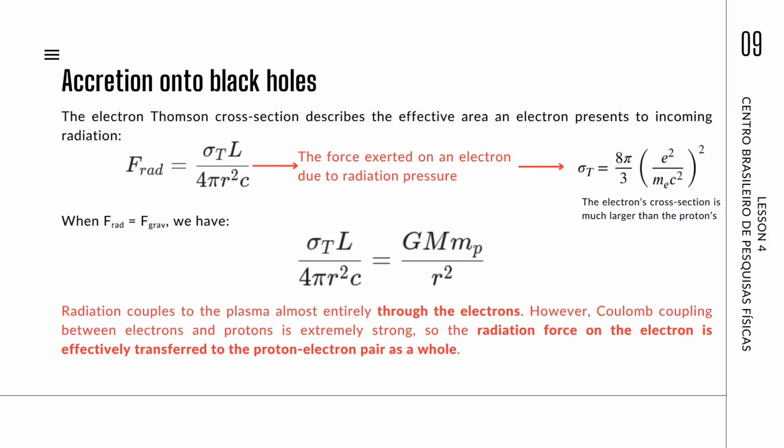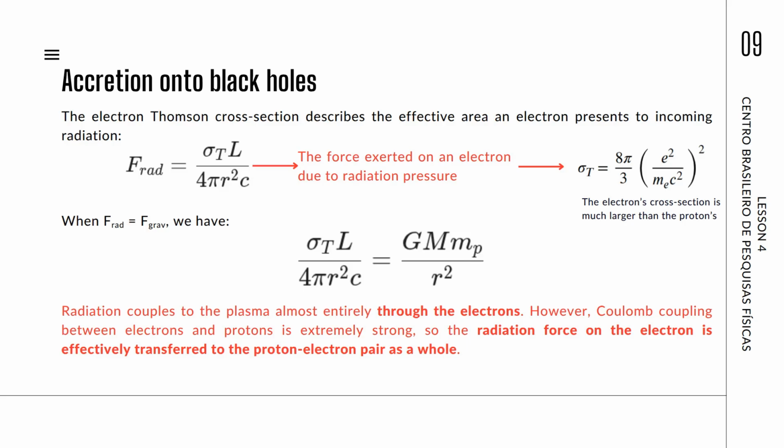If I push only the electrons, yes, the electrons go, but then there is a Coulomb potential between the electrons and the ions, and then the ions follow. So the force induced by the radiation pressure will act on the electrons, but in the end, it will blow away everything.